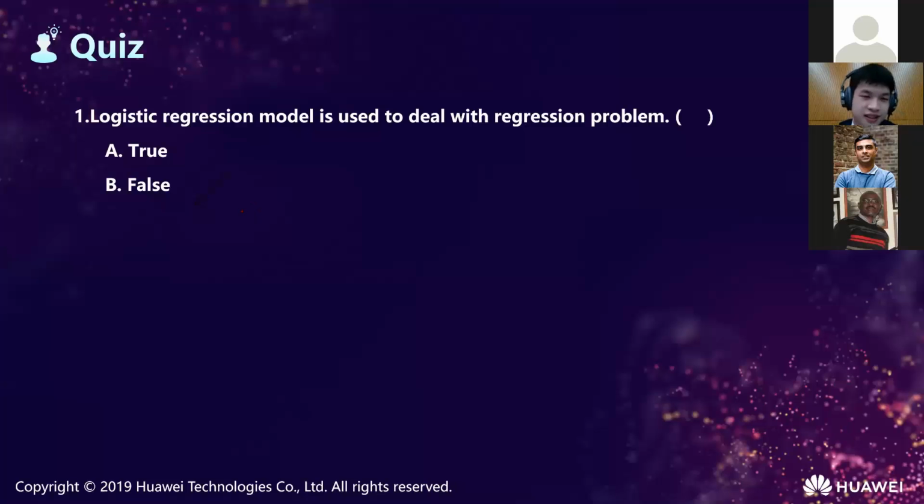Is it false? It's false. Despite the name, logistic regression is used for classification, is it not? Yeah, exactly. It's used for classification tasks. Okay, you need to remember it.